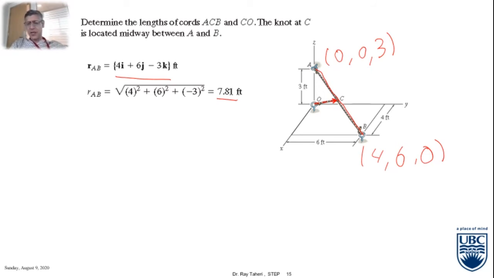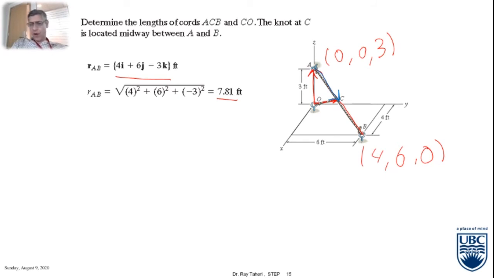The second part is asking for OC. Now, for finding OC, it's a little more complex because we don't know point C yet. We could find it. If I have these two vectors, I go from O to A, OA, and then I have, maybe using a different color, AC. So OA plus AC is OC.